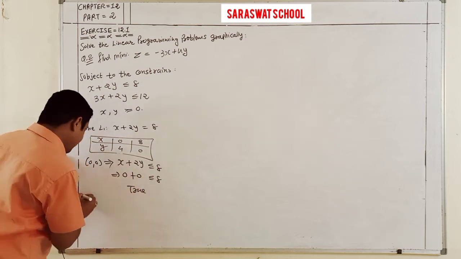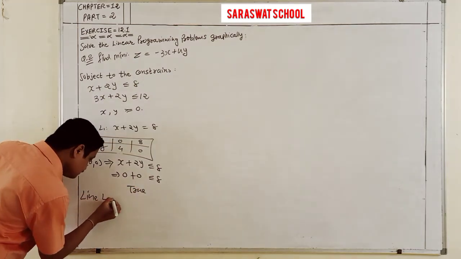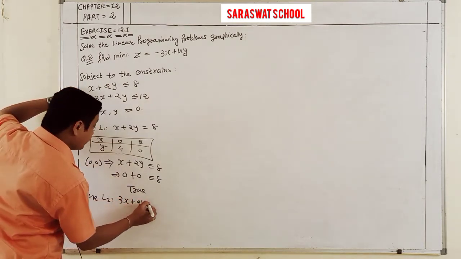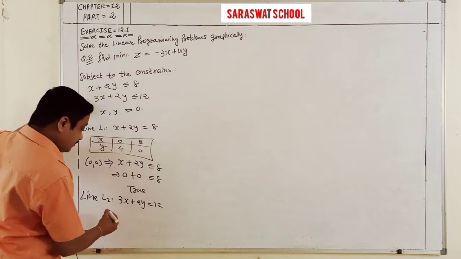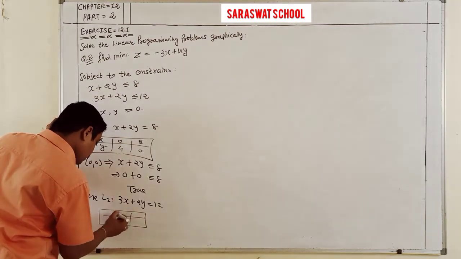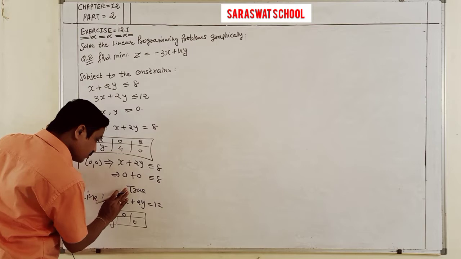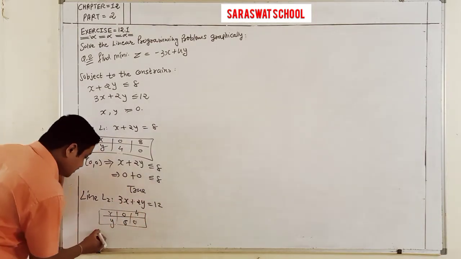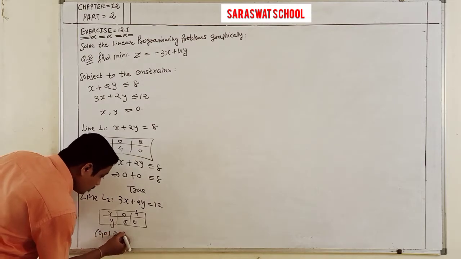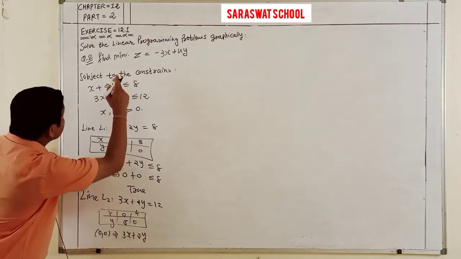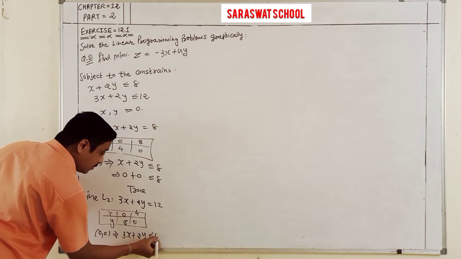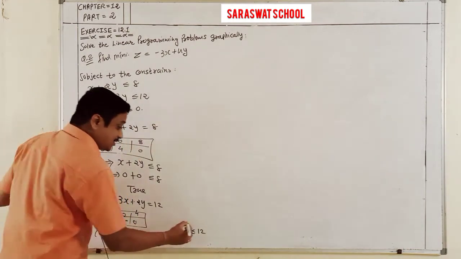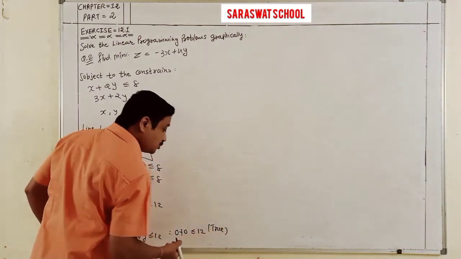And secondly, similarly line L2, 3x + 2y is equal to 12. Go to table. x = 0, y = 6, but y = 0, then x = 4, 12 by 3. Checking 0 0, 3x + 2y should be less than or equal to 12. So 0 + 0 less than or equal to 12 is surely true.